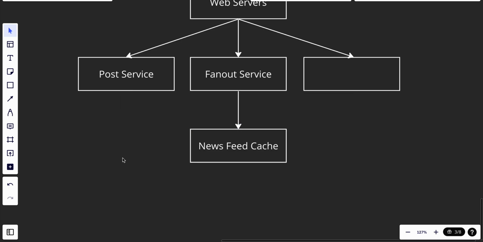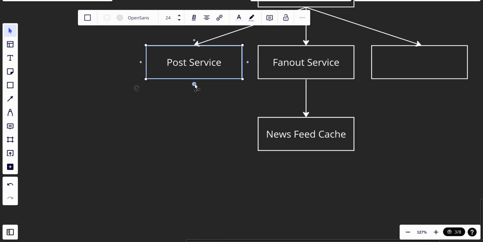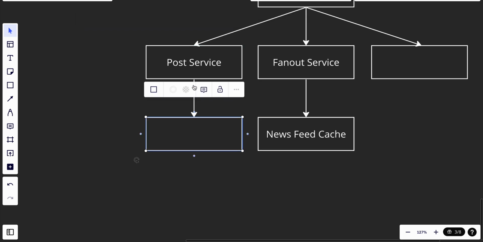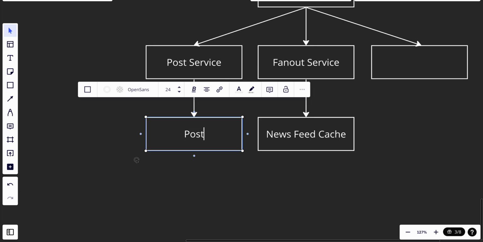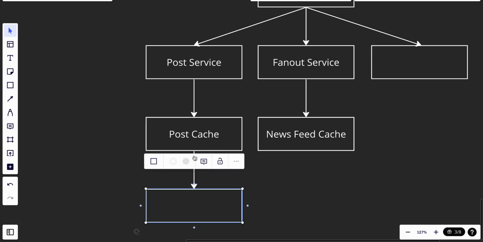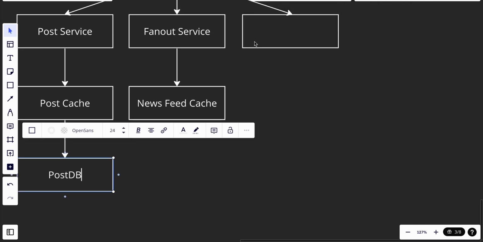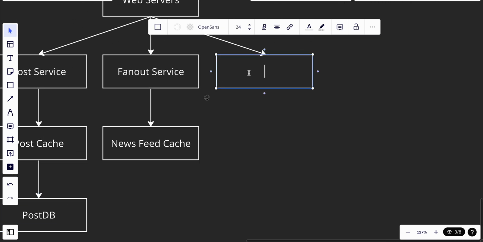Sometimes things don't feel quite straightforward, but it will. And the post service has a post cache, and it will also be connected with a post DB. And we have the notification service.